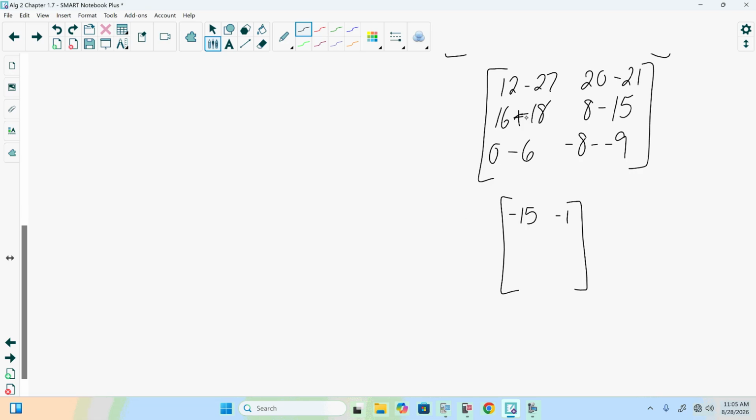So we're saying plus there, which is going to be 34. 8 minus 15 would be negative 7. 0 minus 6 is negative 6.